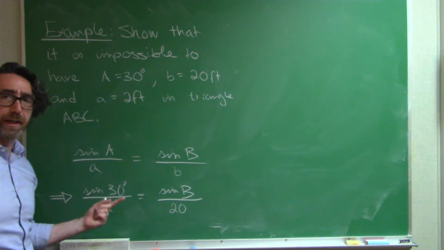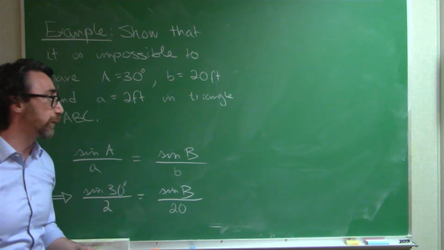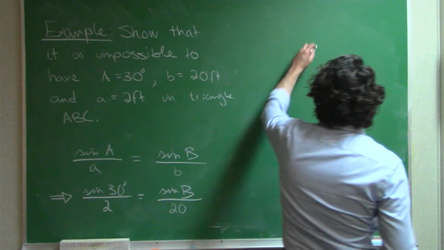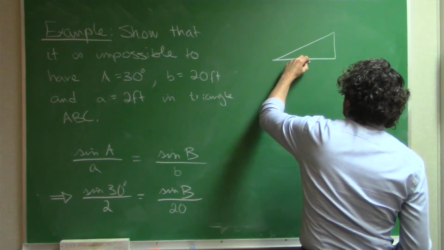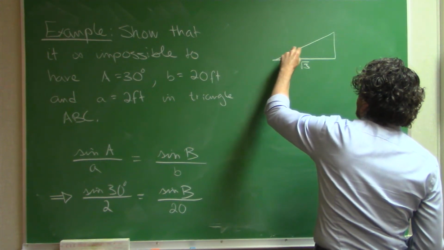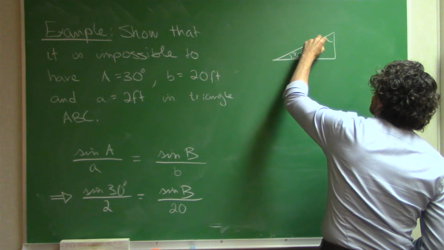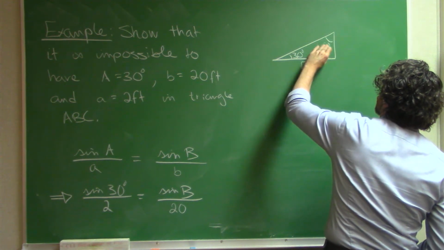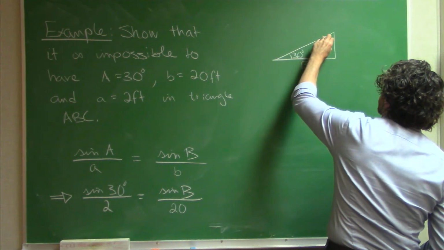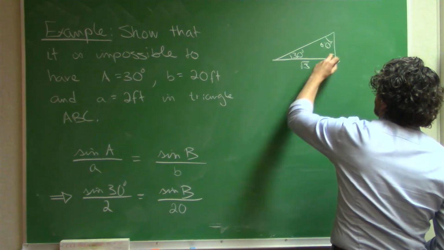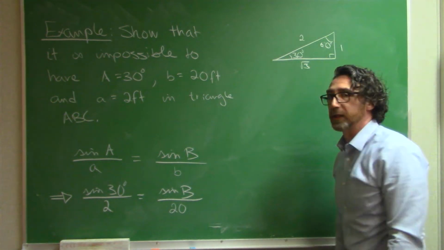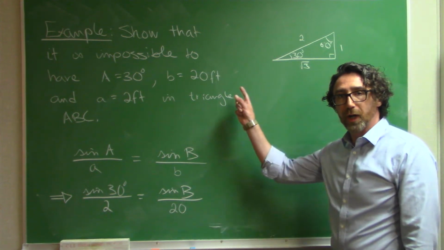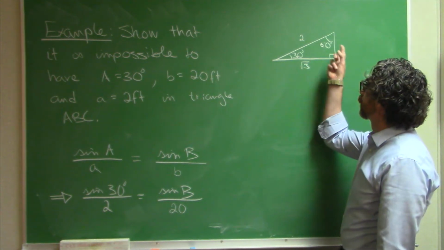Okay, now sine of 30 degrees, that's something that we know because we know our special triangle. 30, 60, 90 triangle, right? One of the first things we talked about in our course in trigonometry. Radical 3 goes next to the 30, short side has length 1, hypotenuse has length 2. So sine of 30 degrees is 1/2.